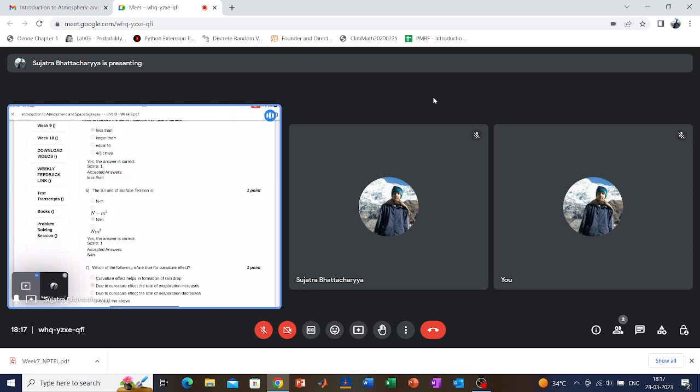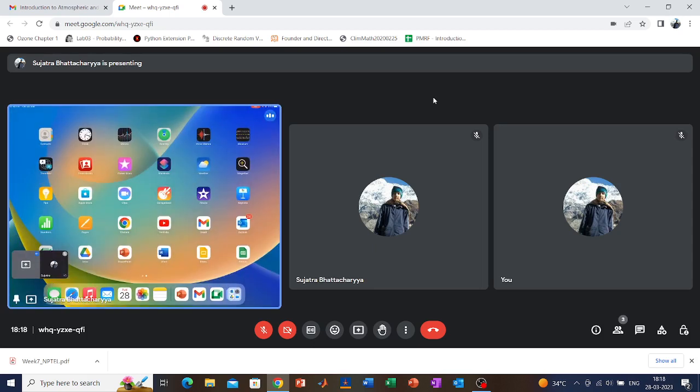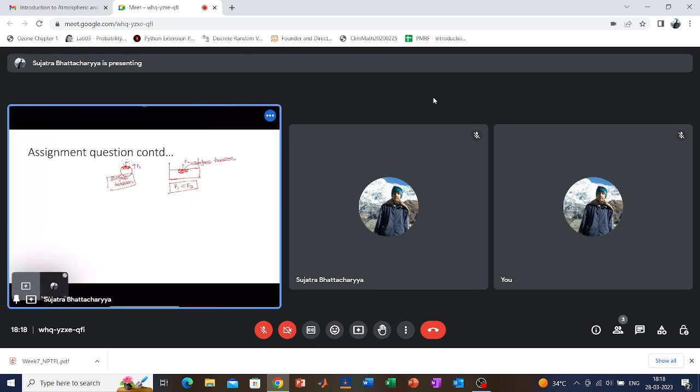The SI unit of surface tension is Newton per meter. Surface tension, which is denoted by sigma, is actually force per unit length.